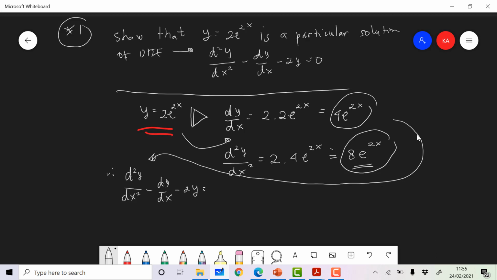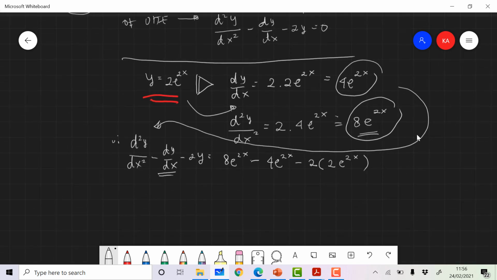The second derivative, d squared y per dx squared, is equal to 8e^(2x) minus this part, 4e^(2x), minus 2y, and y is 2e^(2x).